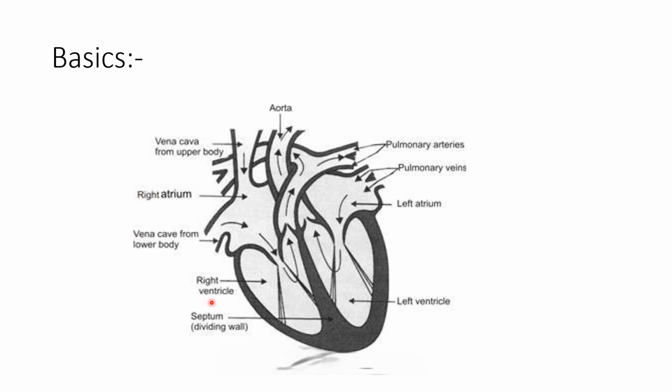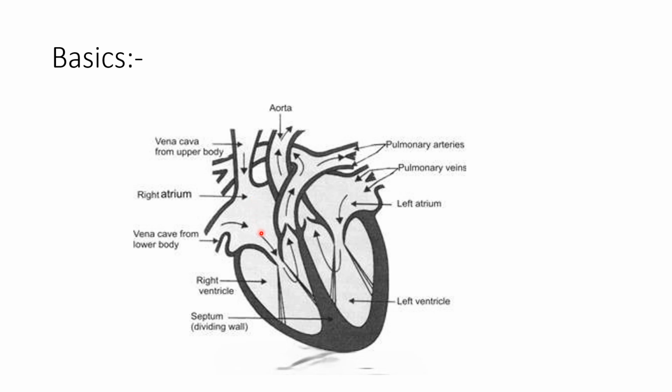So you see, both the vena cavae are carrying deoxygenated blood, and it goes into the right atrium.